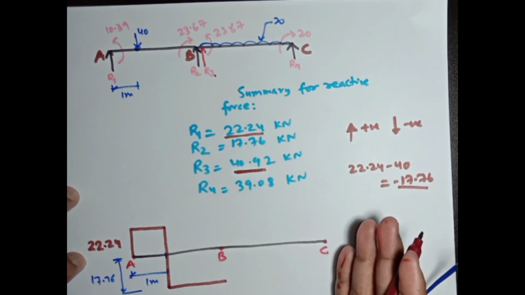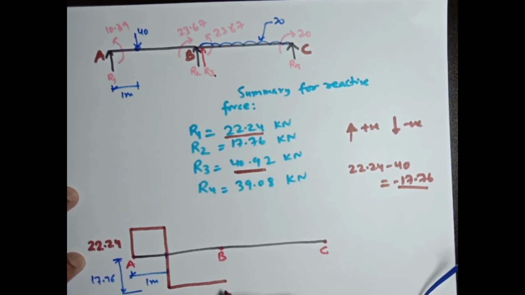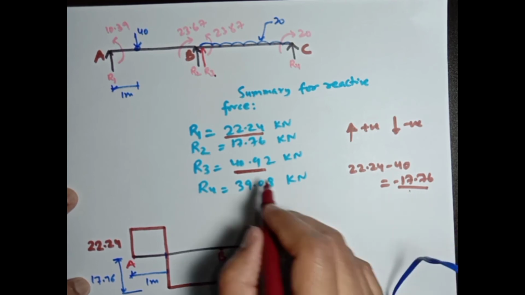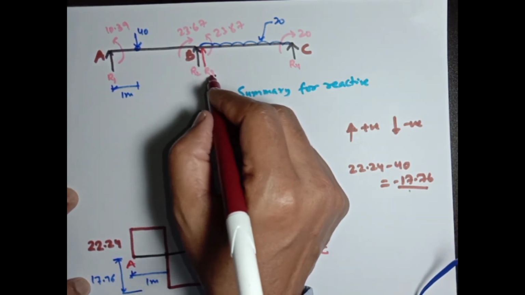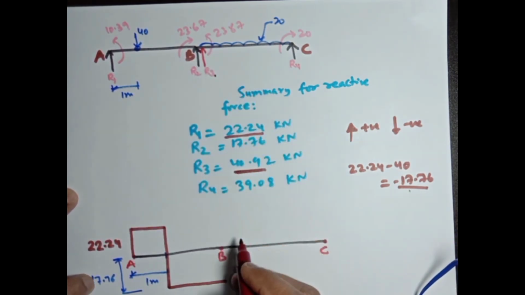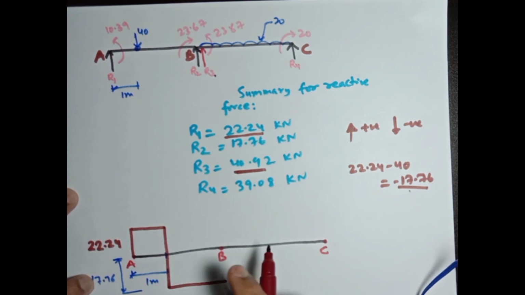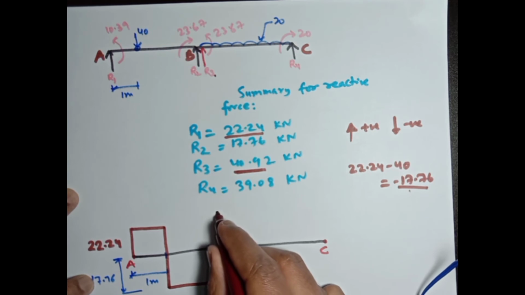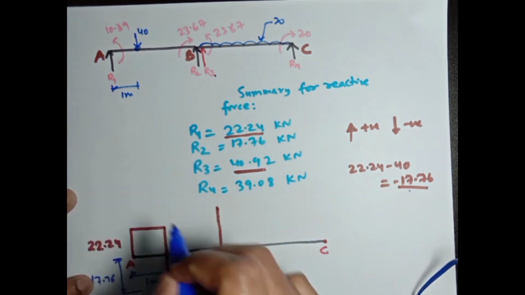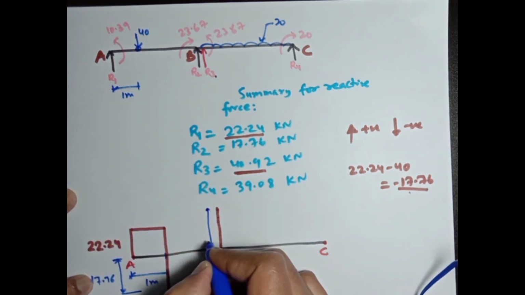This is the right of this section. So it will jump directly from 17.76, this is the value, and at point R3 the value is 40.92, so it will jump here like this. This value will be 40.92.